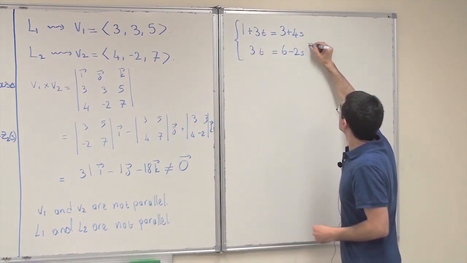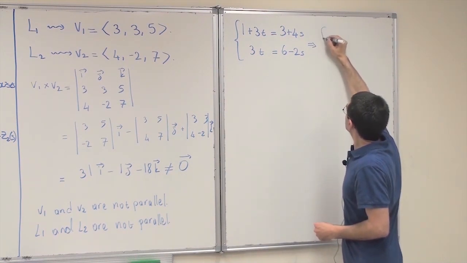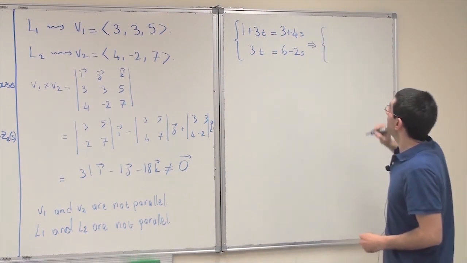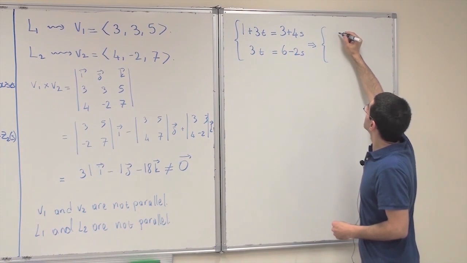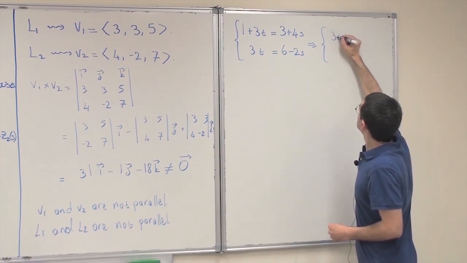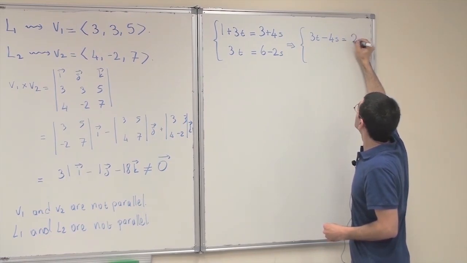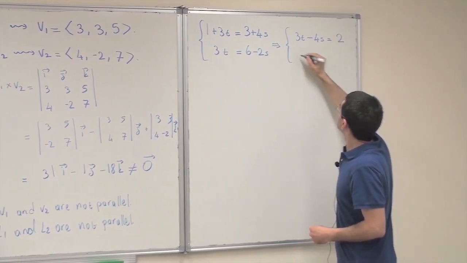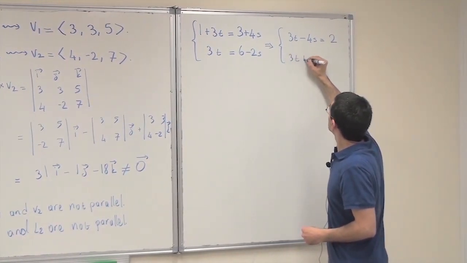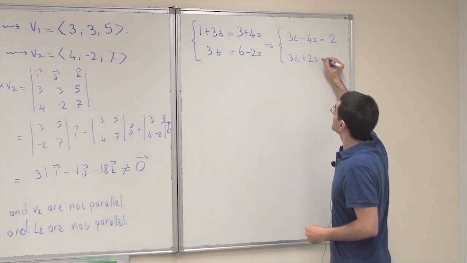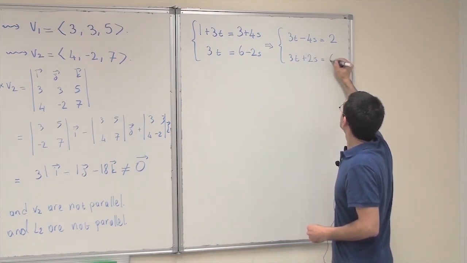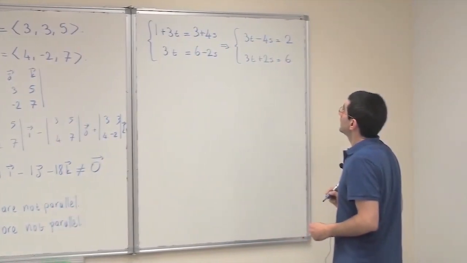Now, I solve this system. Okay. First of all, we have 3t minus 4s is equal to 2. And then 3t plus 2s is equal to 6.